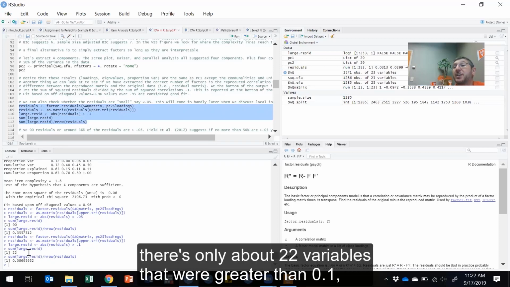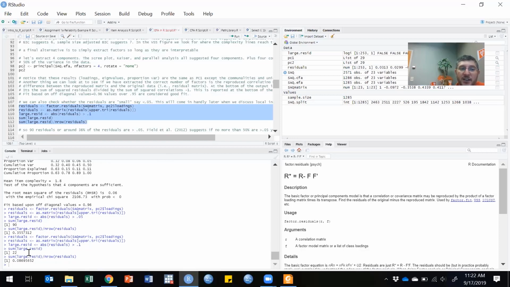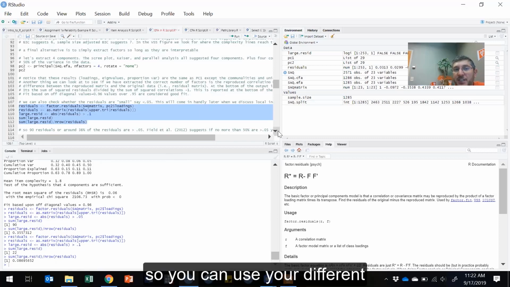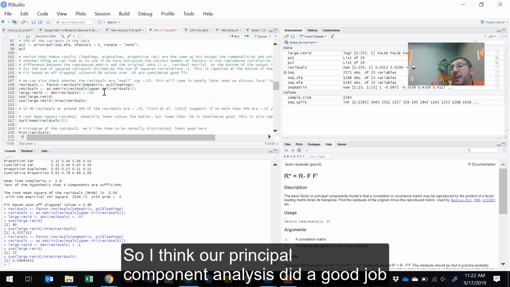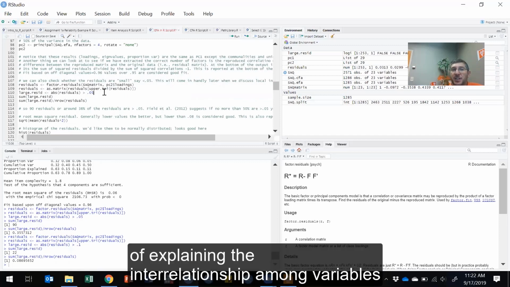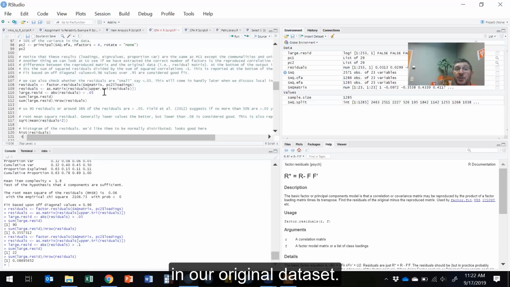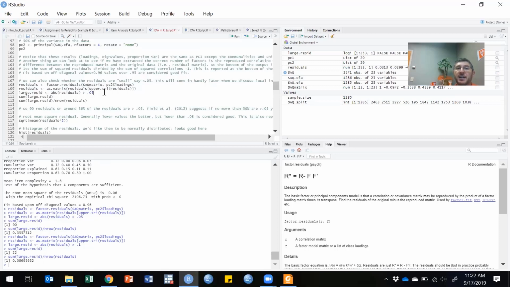There's only about 22 that were greater than 0.1. It's only about 9%. So you can use your different rules of thumb there to examine. So I think our principal component analysis did a good job of explaining the interrelationship among variables in our original data set.